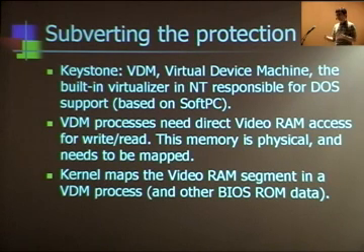It's based on some 1980s software called SoftPC that I think Microsoft acquired. So VDM processes, because DOS programs access video memory directly, need video RAM access and they need access to the device for write and read. This memory is in physical memory, so the kernel has to map it for every VDM process.